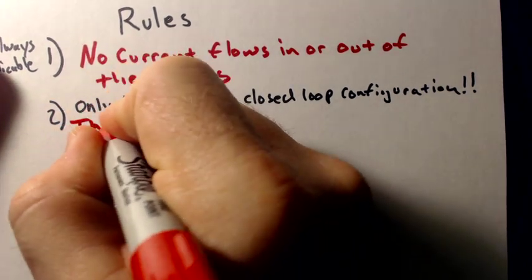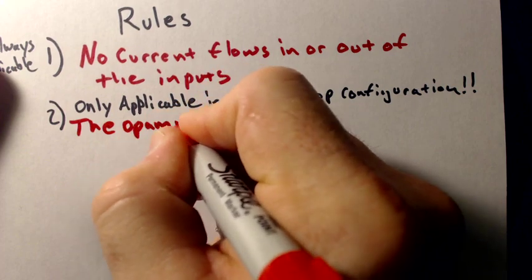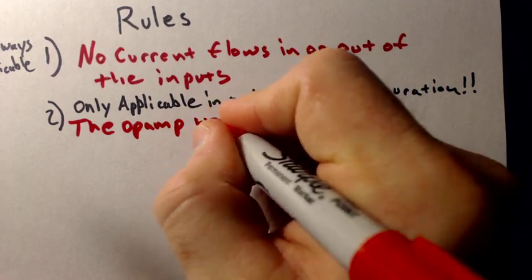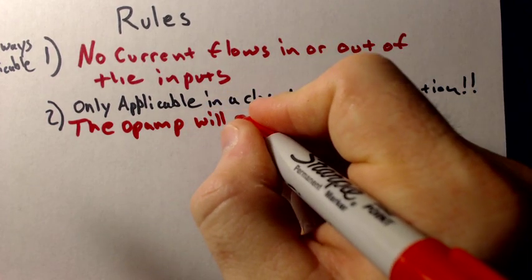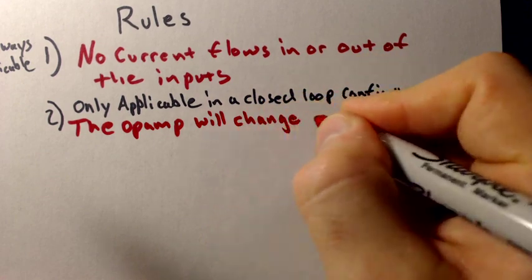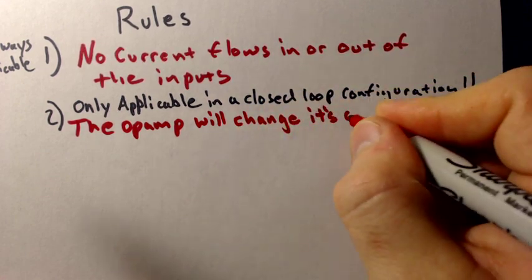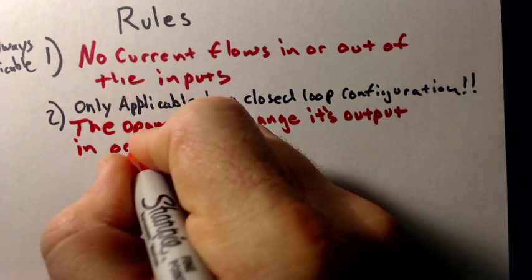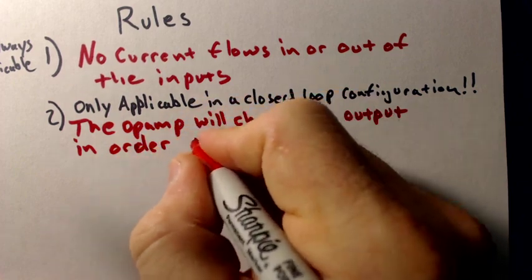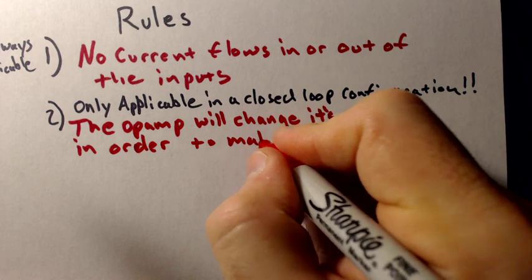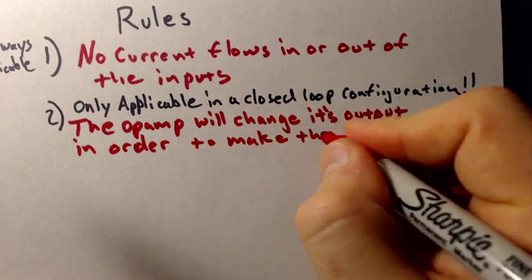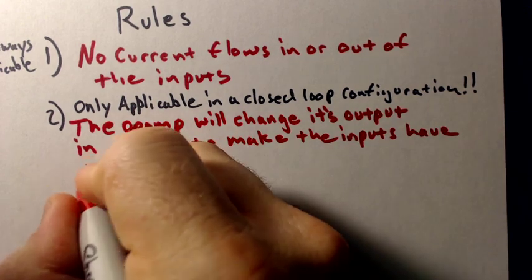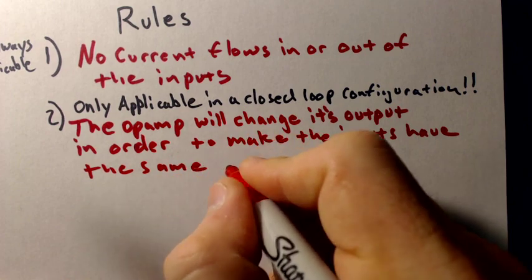The op amp will change its output in order to make the inputs have the same voltage.